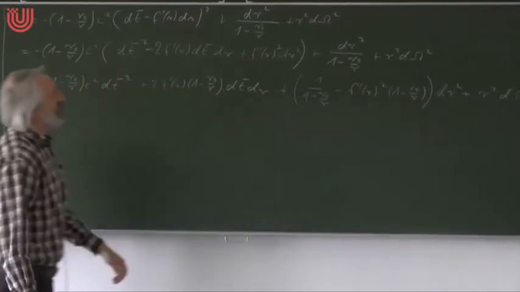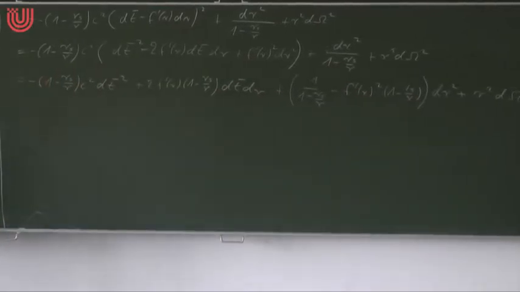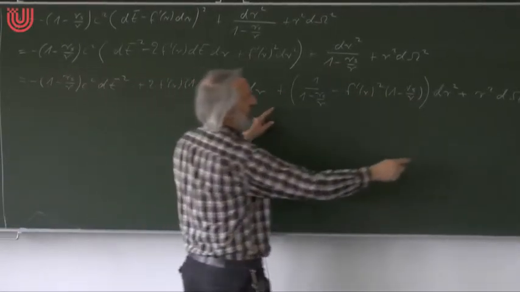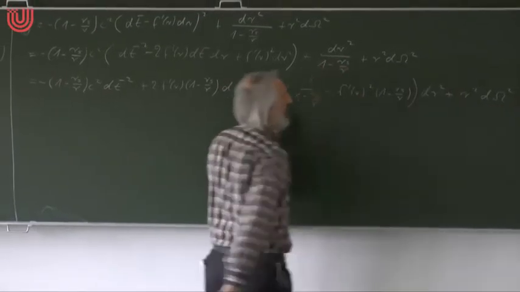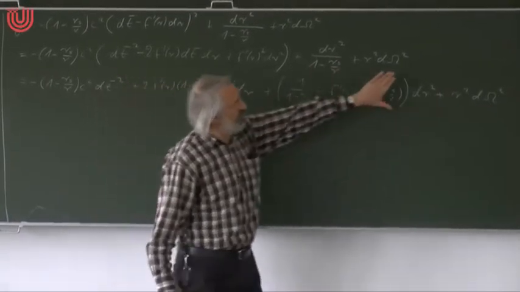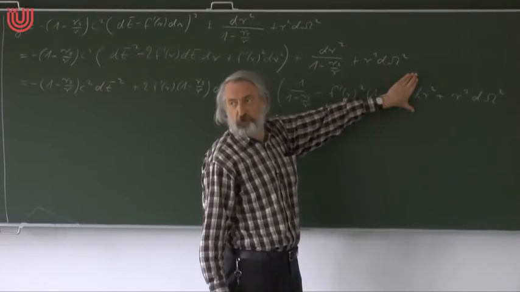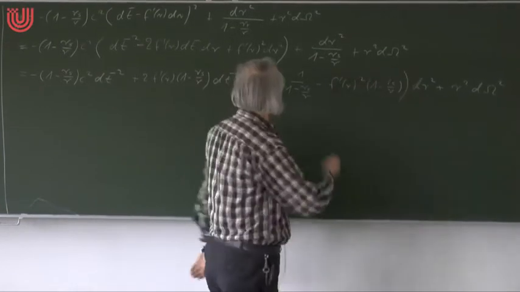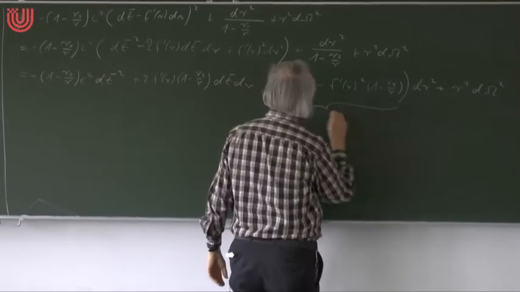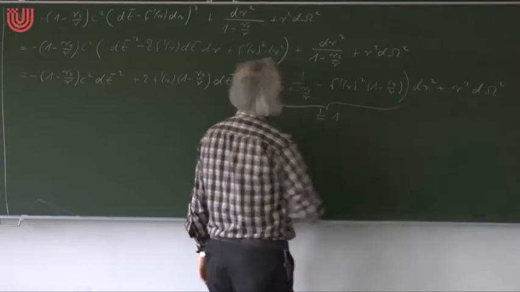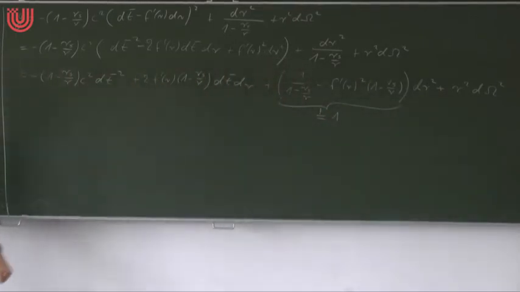And now I can see what my f prime should do for me. I want to have the spatial part flat. So this is supposed to be just dr squared plus r squared d omega squared. So what we want to find is a function f such that this here becomes 1. Then we have just a flat metric.